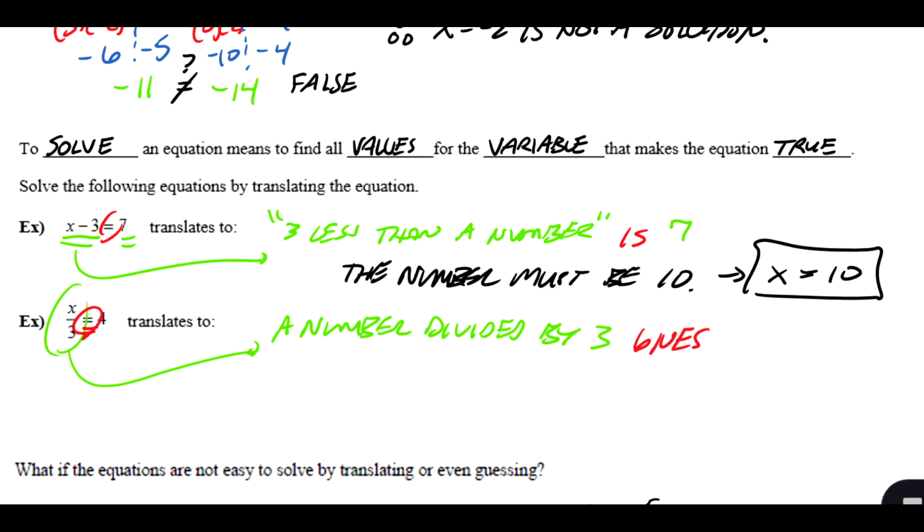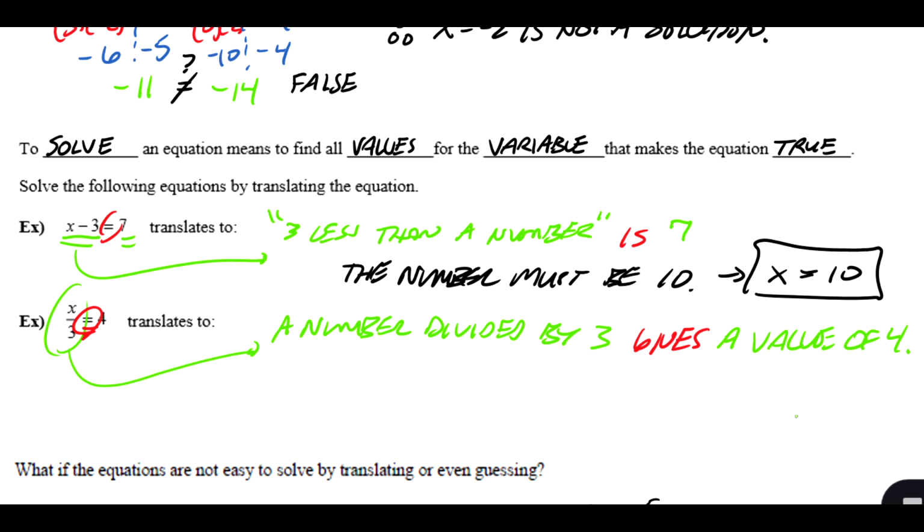The right side is a value of 4. And the only reason I'm writing this a little differently is because there are so many different ways to translate algebra to English. There's a lot of different ways to do that. So what number do we divide by 3 and get 4 for an answer?